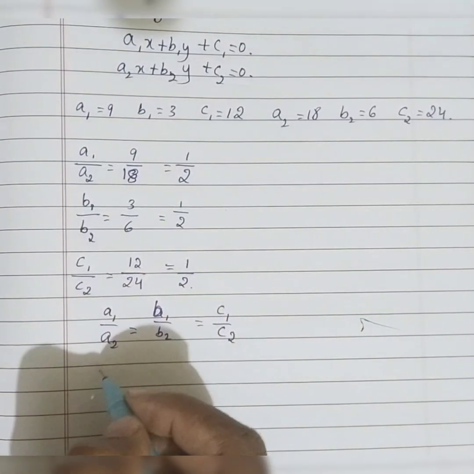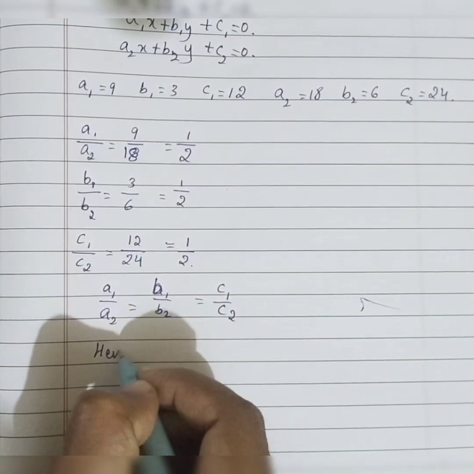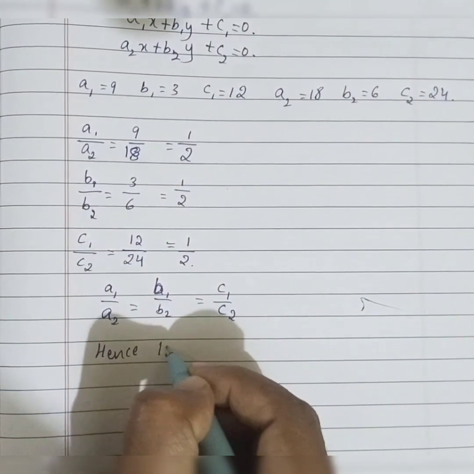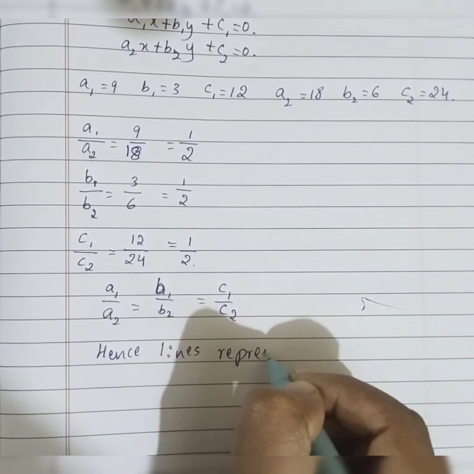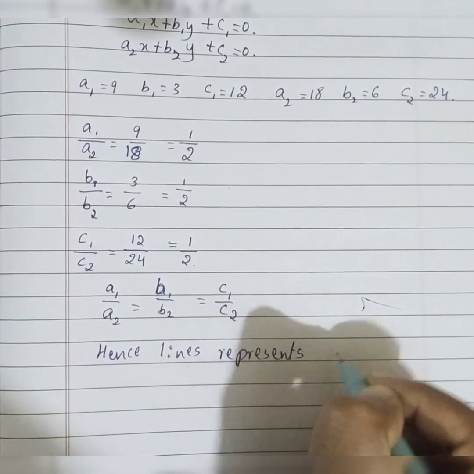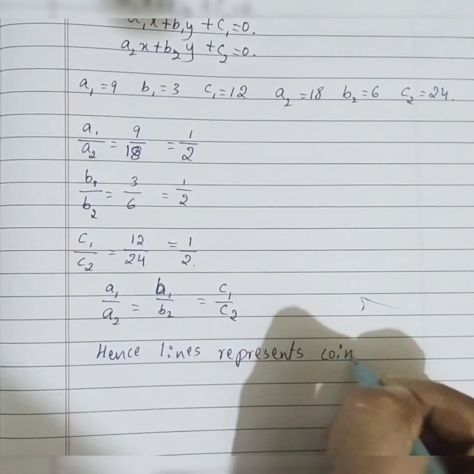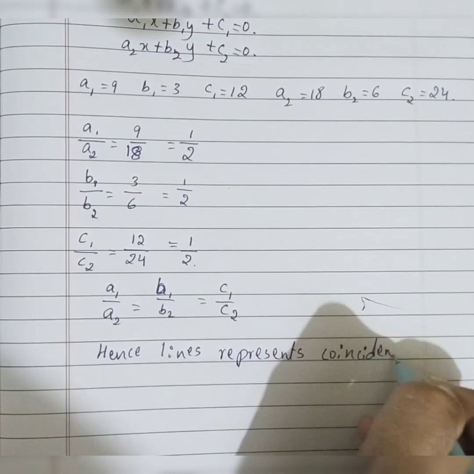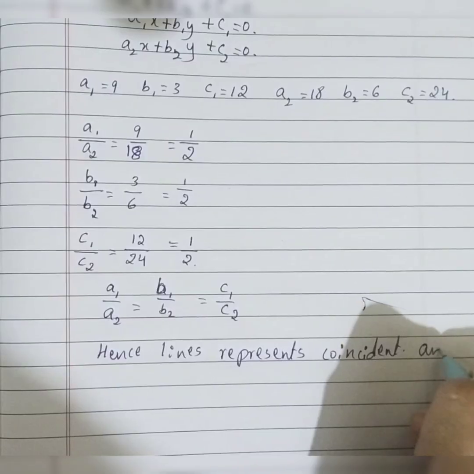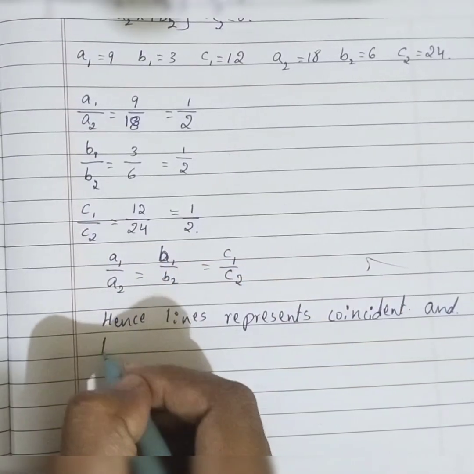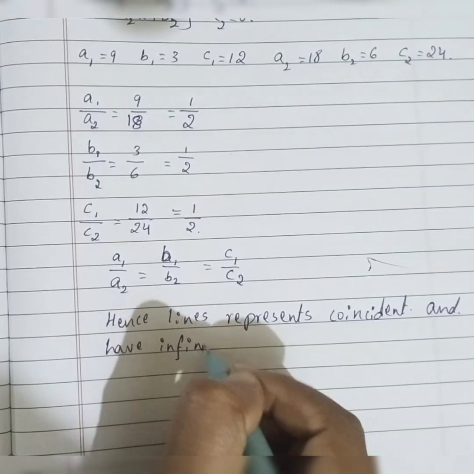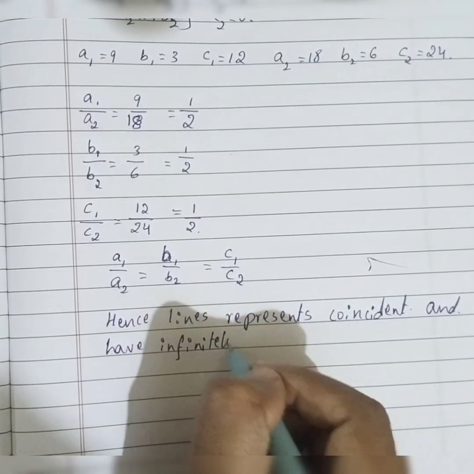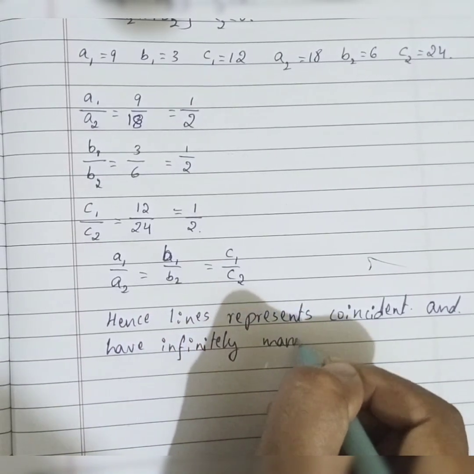Now write down the answer as: hence, the lines represent coincident lines and have infinitely many solutions.